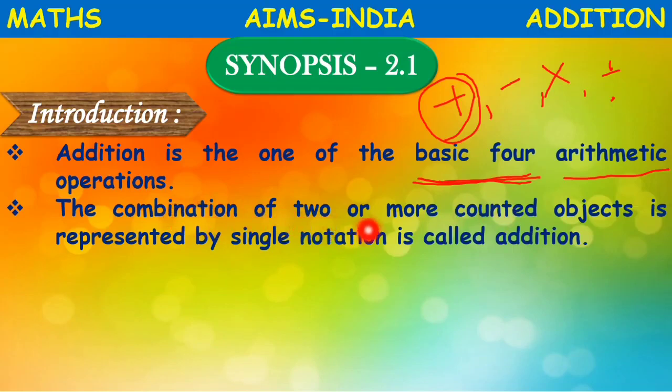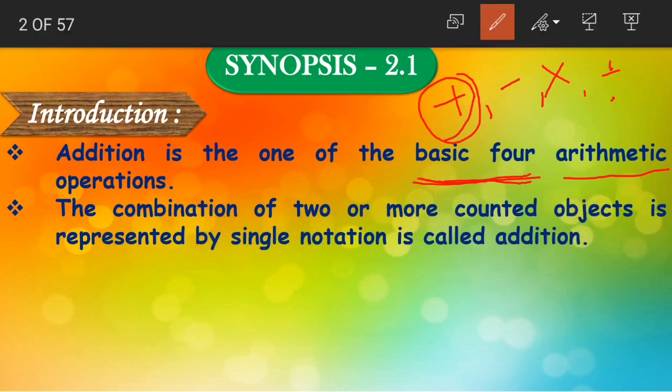The combination of two or more counted objects represented by a single notation is called addition. What are they saying? What is addition? The combination of two or more counted objects. Like when I say I have two pencils and my friend has three pencils.